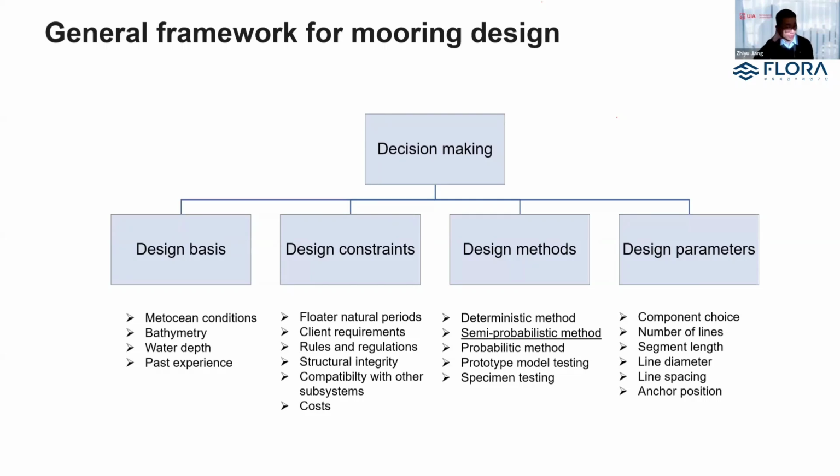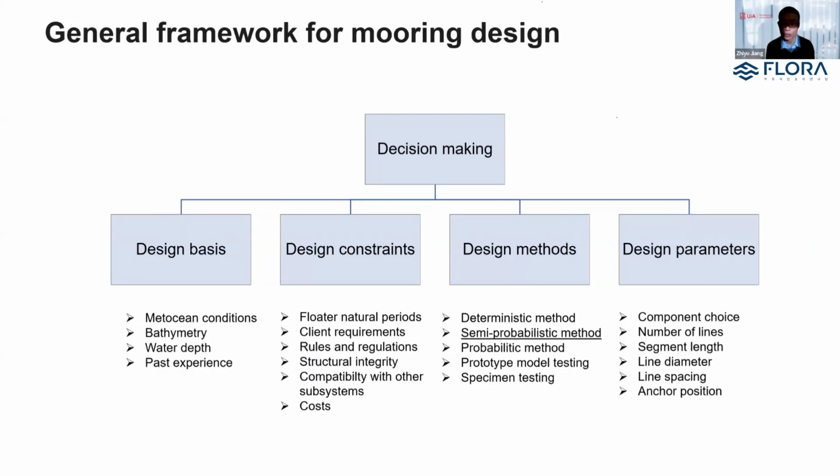Design methods are also widely applied in the design of other types of civil engineering structures like bridges or buildings. Traditionally, we have deterministic methods, but in the last century, people have developed semi-probabilistic methods. Basically, the partial safety factors proposed by design standards can be used to facilitate efficient mooring design.